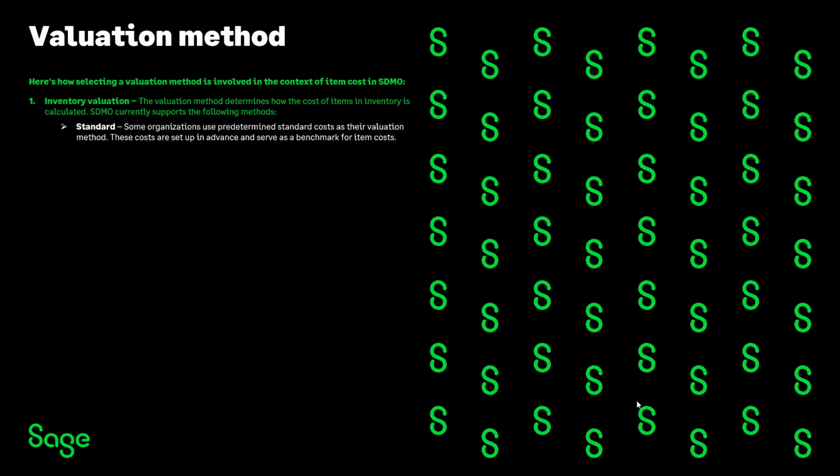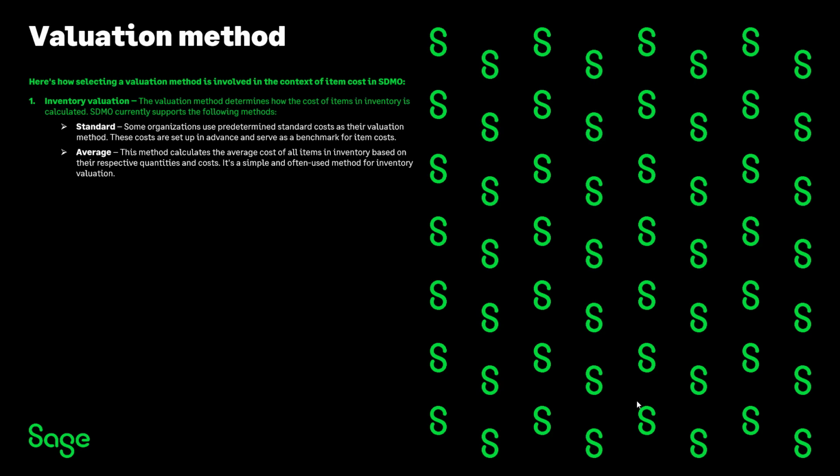Standard cost. Some organizations use predetermined standard costs as their valuation method. These standard costs are set up in advance and serve as a benchmark for item costs. Average cost. This method calculates the average cost of all items in inventory based on their respective quantities and costs.